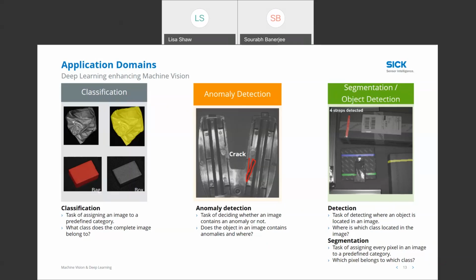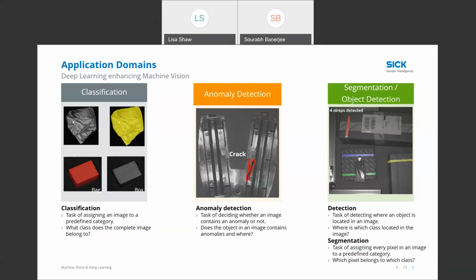And then you are also able to do segmentation, where each and every pixel of an image is classified into a predefined category, and you're asking which pixel belongs to which class. Segmentation is the application domain used in automated driving.